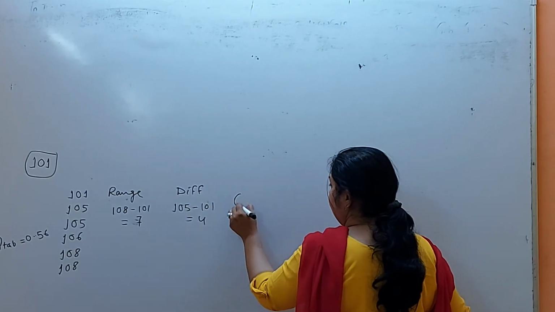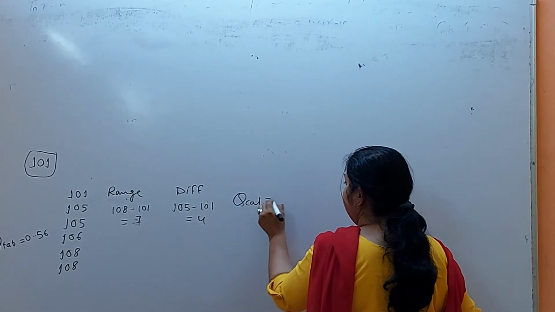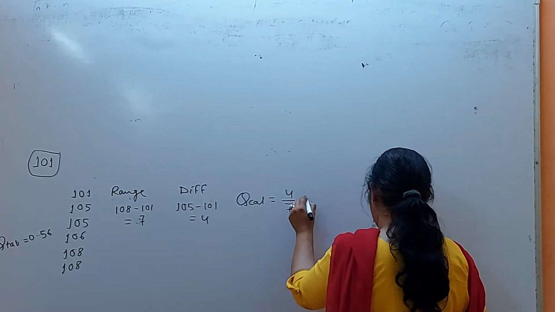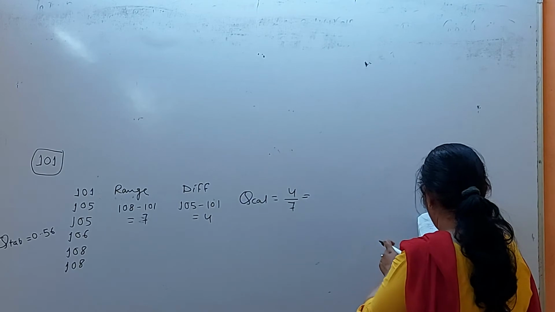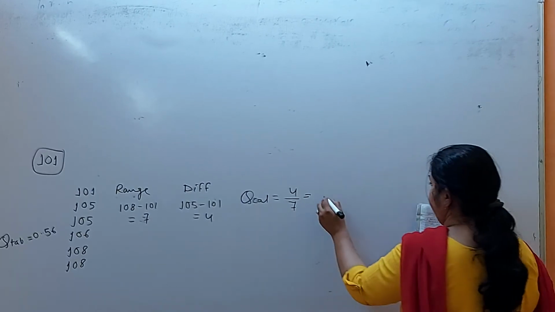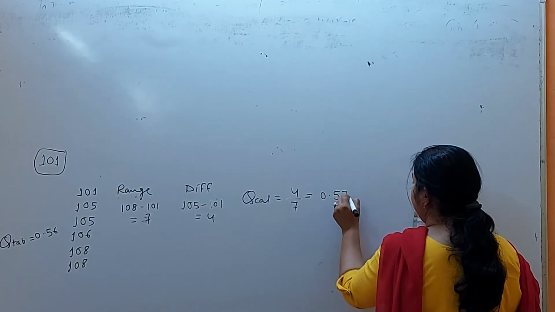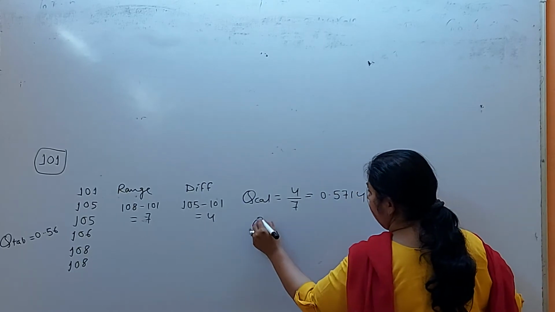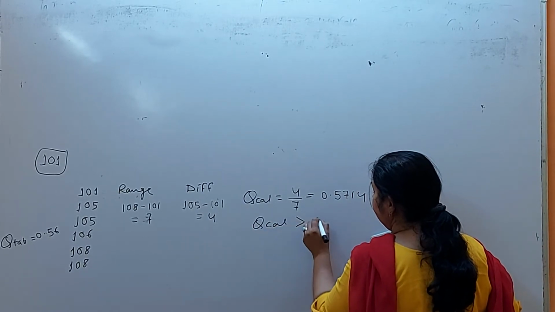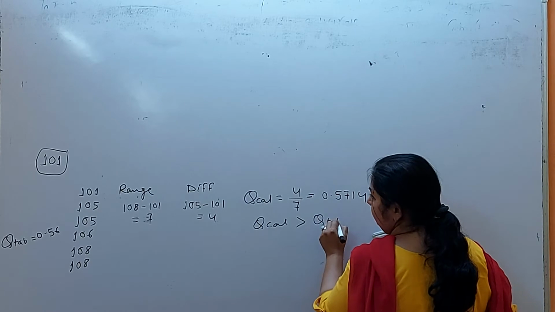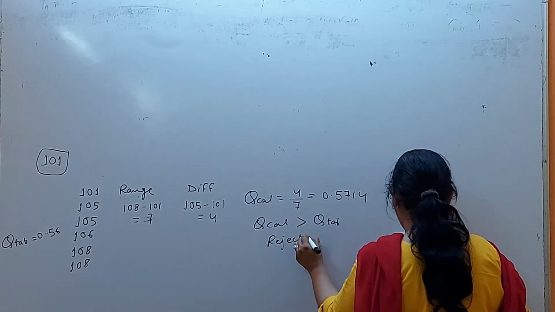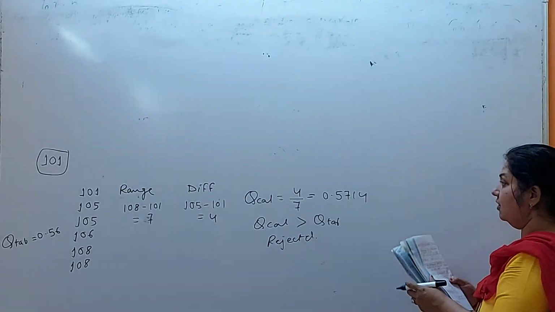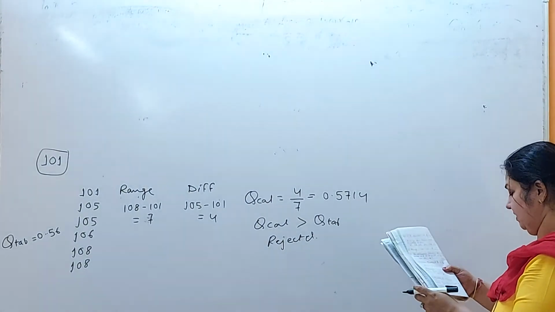Then Q calculated is 4 by 7, which comes out to be 0.5714. Q calculated is greater than Q tabulated, so rejected.